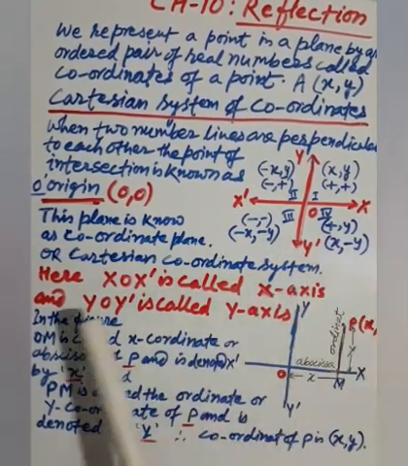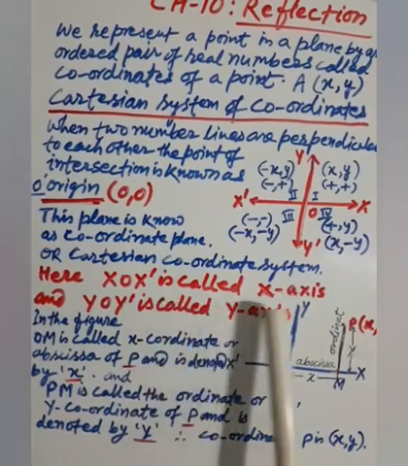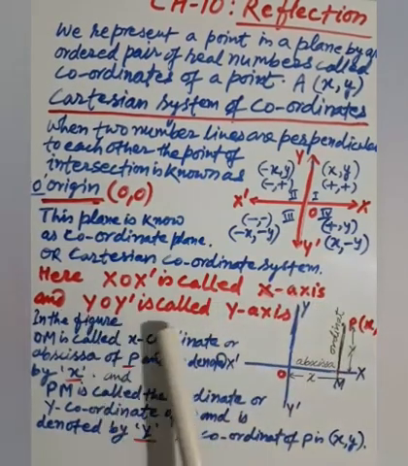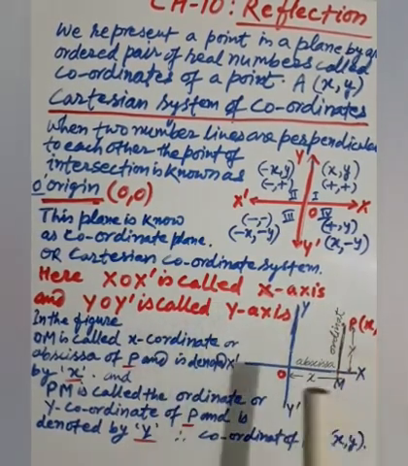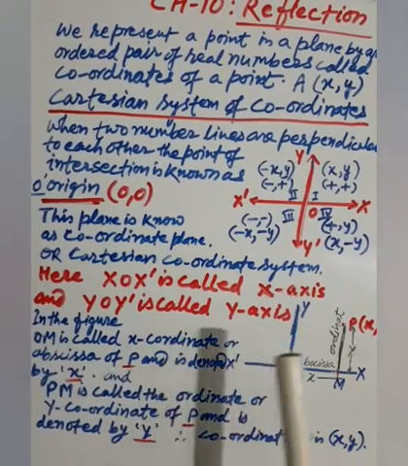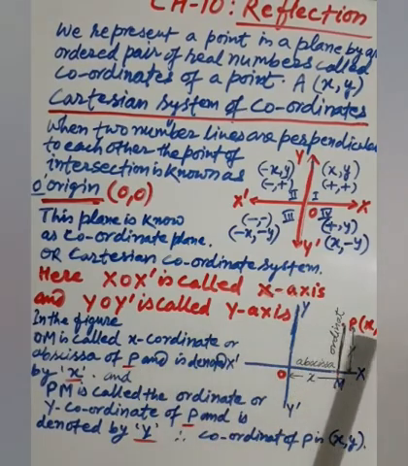Children, here X'OX is called the x-axis and Y'OY is called the y-axis. Now you see what is the meaning of the coordinates of P, x and y.